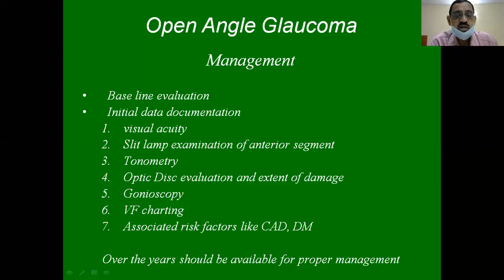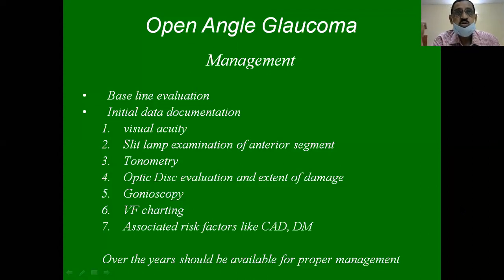The visual acuity is estimated every time, and slit lamp examination of the anterior segment is important, and intraocular pressure by Goldmann applanation tonometer, and optic disc evaluation and extent of the damage is done with contact or non-contact lenses, 78D or 90D lenses.